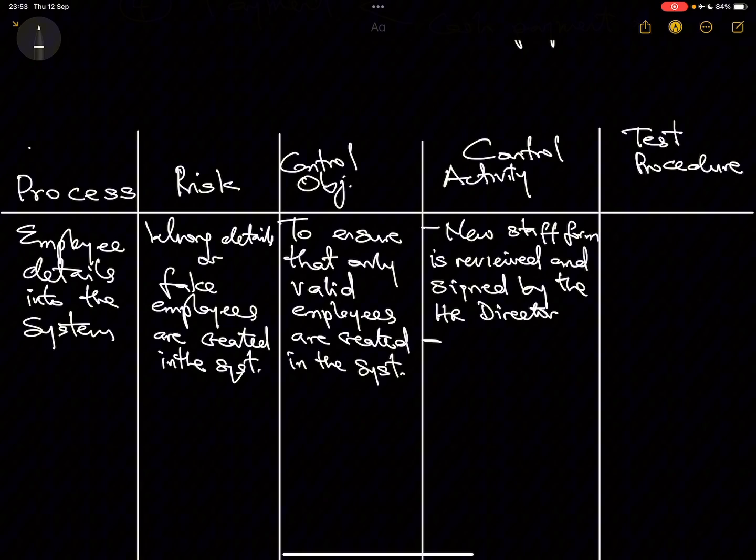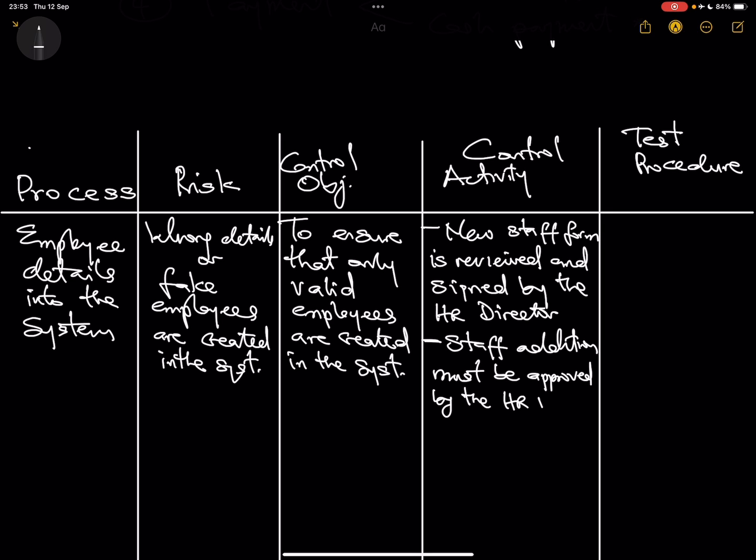That validates the form. Then after the staff addition in the system, staff addition must be approved by the HR director in payroll system.